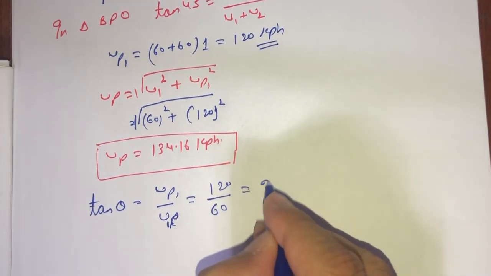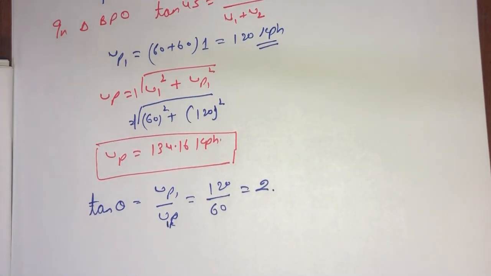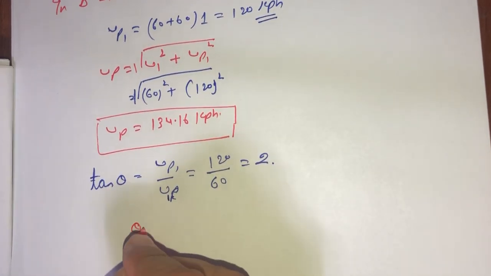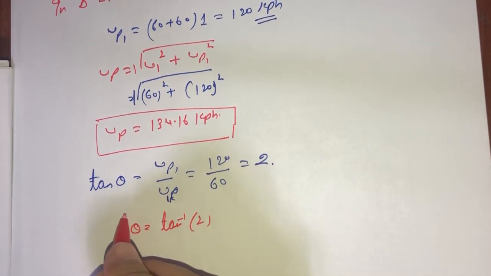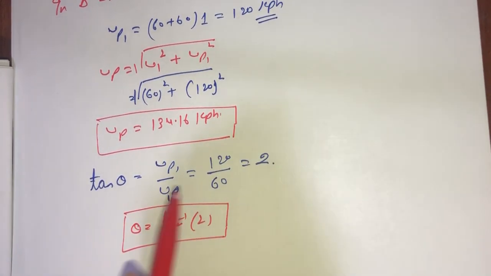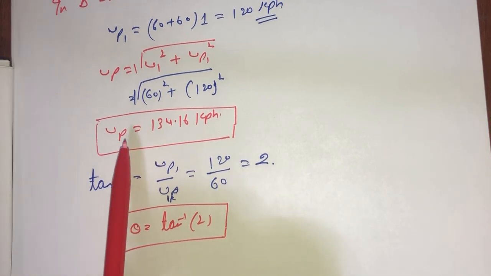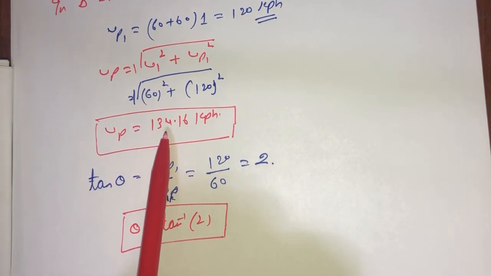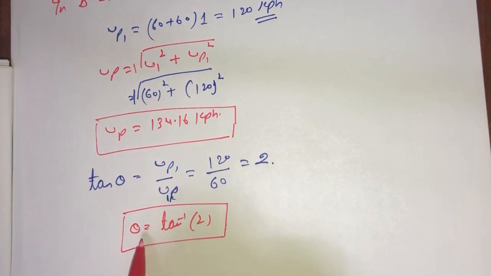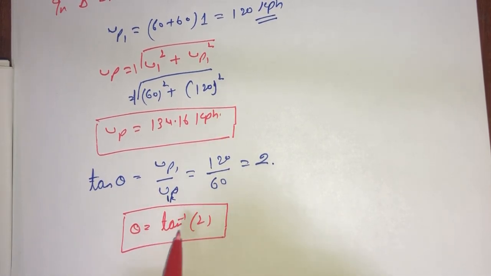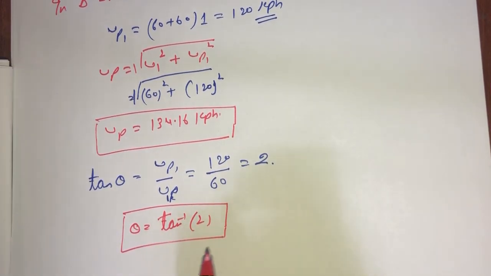So we are going to get 2. So theta will be equal to tangent inverse of 2. So we get the velocity of the plane with respect to ground as 134.16 km per hour, and it will be moving in the direction theta, given as tangent inverse of 2. So this was the question. Thank you.